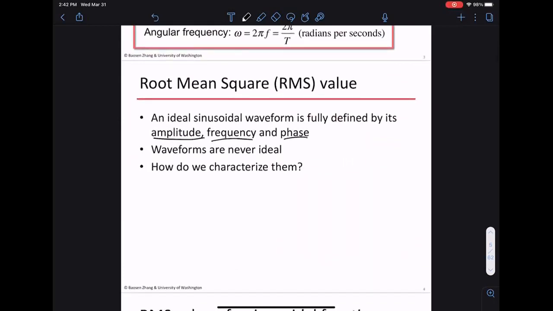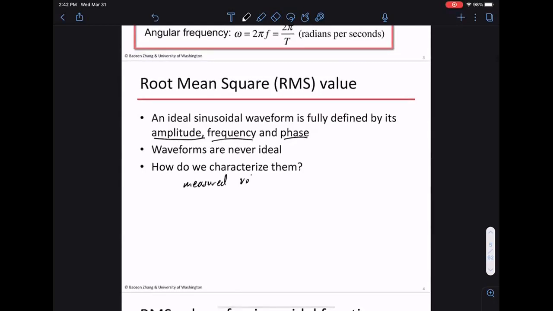If you actually measure it, for example, if you put an oscilloscope at your wall socket and measure the voltage coming out of the socket, this is a time series of your measured voltage.